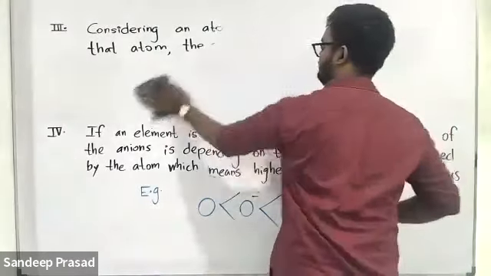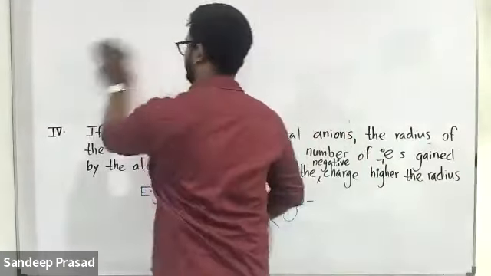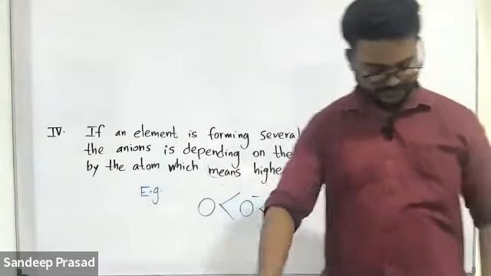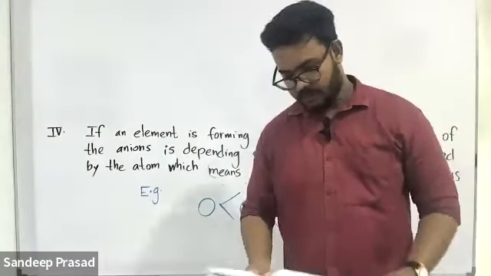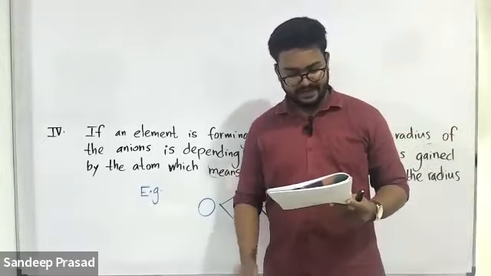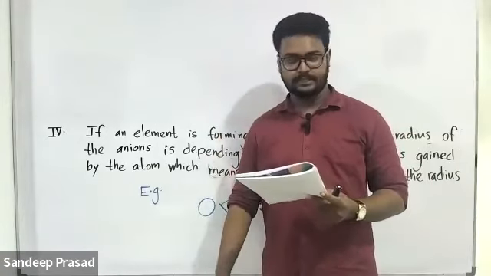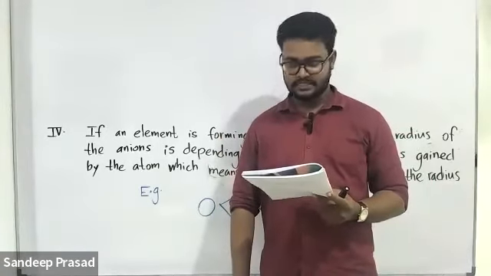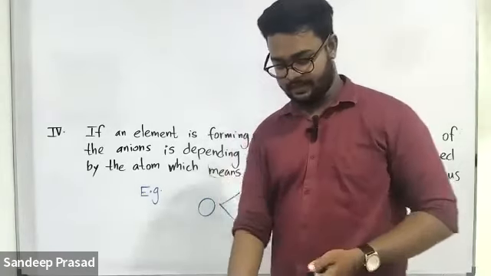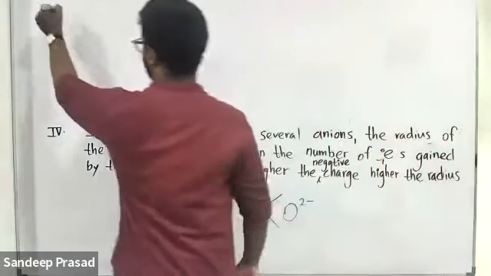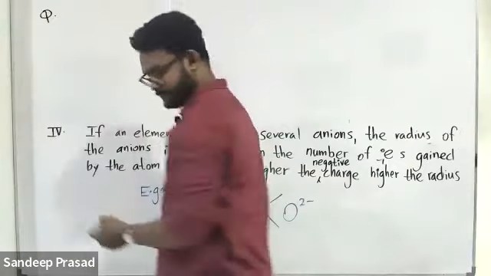Now they have given a question in the tutorial. Let's see. Conclude by reasoning how the radius varies in potassium plus, calcium 2 plus, argon, Cl minus, and S2 minus. In the tutorial, they have given a question like this, right?